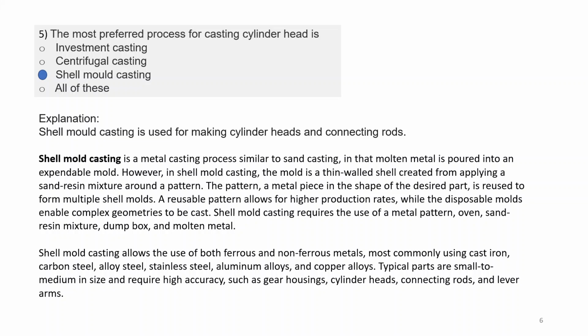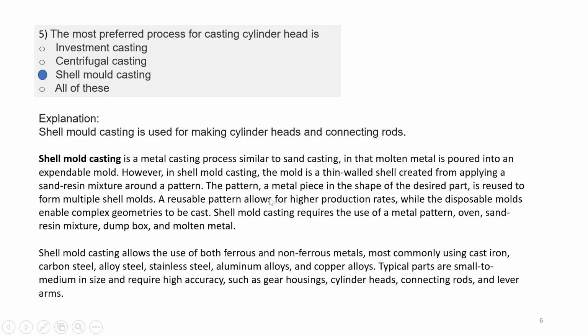And this shell mold casting is a metal casting process similar to sand casting, in that molten metal is poured into an expandable mold. However, in shell mold casting, the mold is a thin walled shell created from applying a sand resin mixture around a pattern.